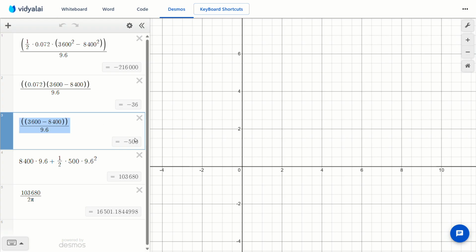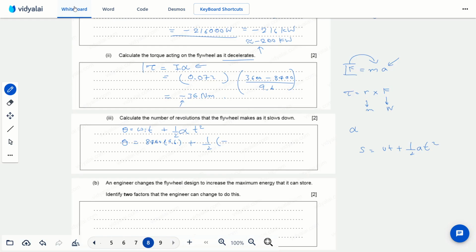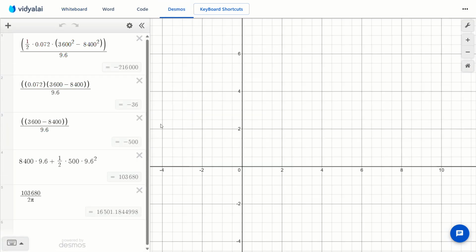So this is the angular acceleration, or in this case deceleration, because it has a minus sign in front of it. So instead of increasing the angular velocity, it decreases it. Minus sign in front of it, and 9.6 squared. So let's perform this calculation. There will be a minus sign between these two terms because alpha had a minus sign in front of it.